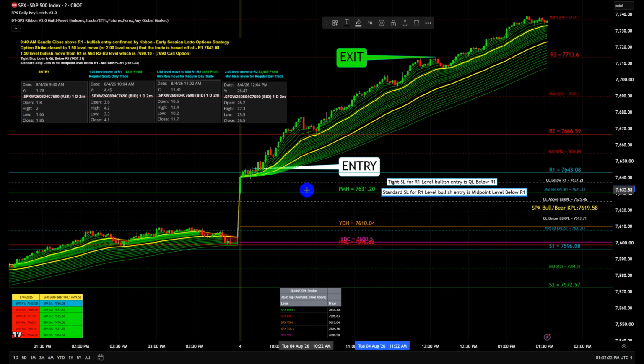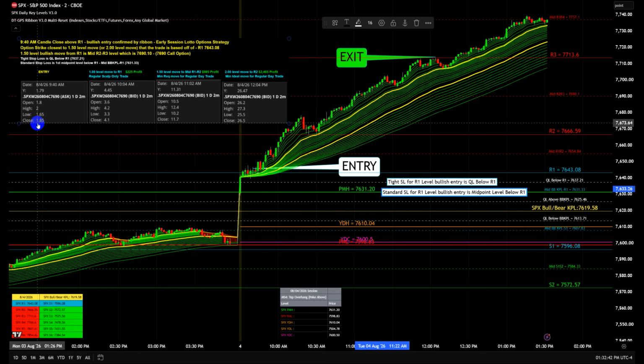Now, when we hit the R2 level on this particular candle, 10:04 a.m., the bid is $4.10. So that is a $225 profit on that particular trade, but you have to keep in mind it's only a $225 profit.